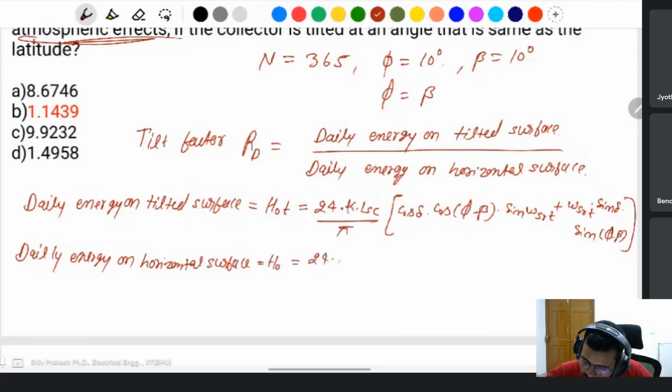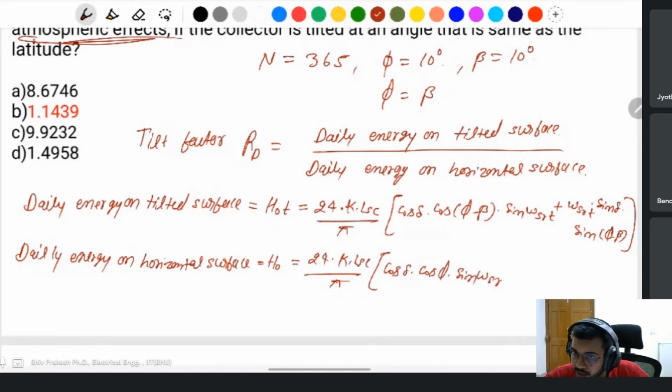Beta will be 0 at a horizontal plane, in a non-tilted surface. Then it will become cos del into cos phi into sin omega SR, because of the non-tilted sunrise angle, plus omega SR into sin del into sin phi.